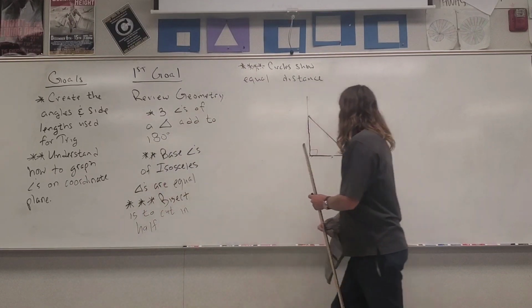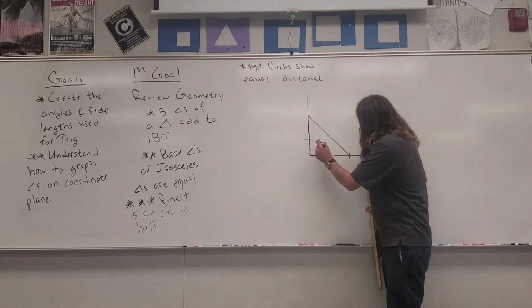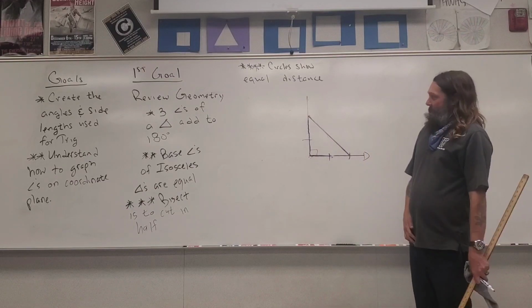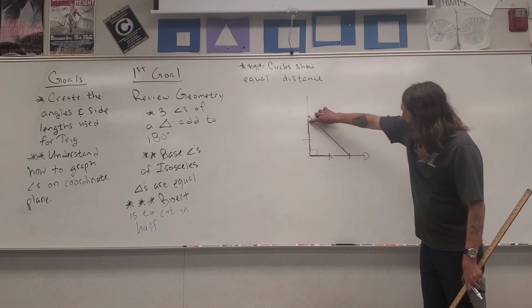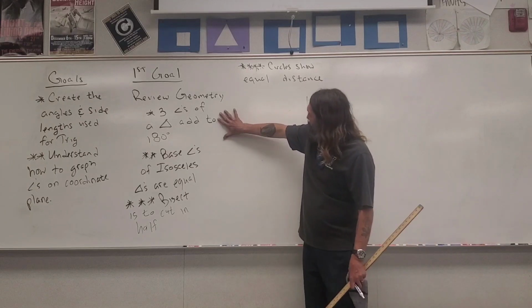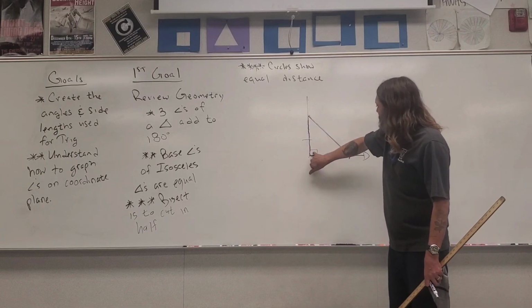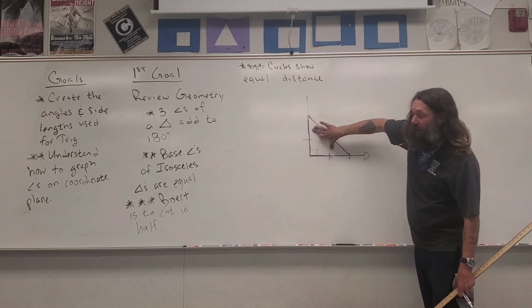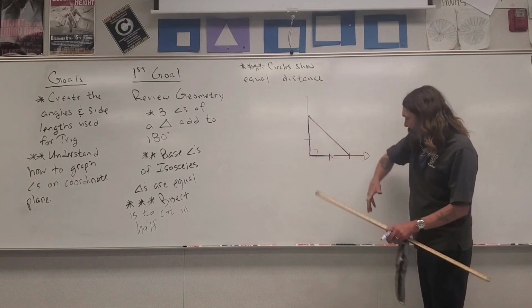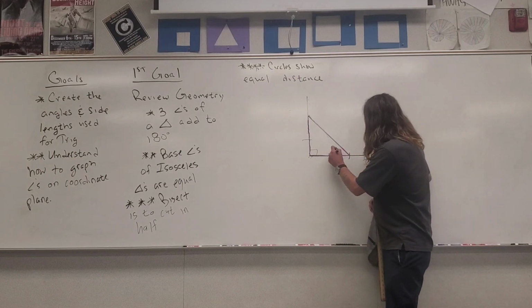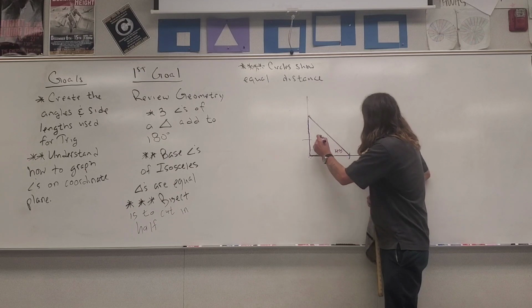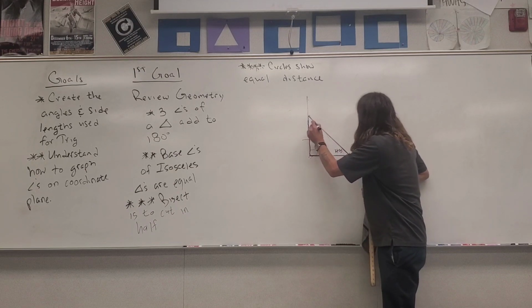Okay, so again, I know that this side length is the same as that side length. And it's an isosceles triangle, so the base angles are equal. I know the three angles add up to 180 degrees. I have 90 of it, which means I have 90 remaining, which means that these two angles themselves must be the same. So these two angles are 45 degrees and 45 degrees.